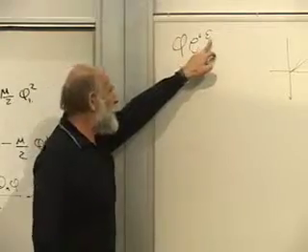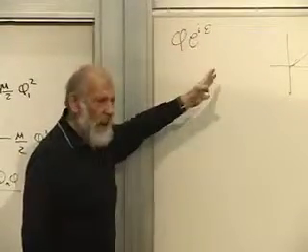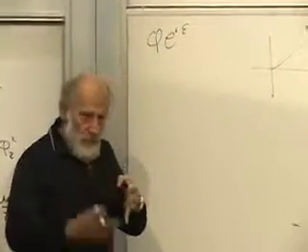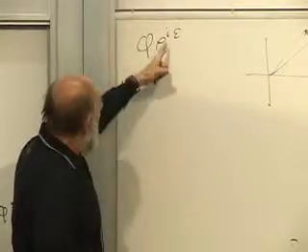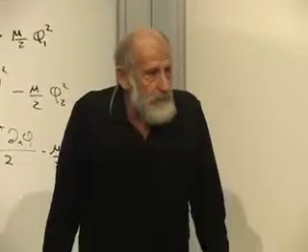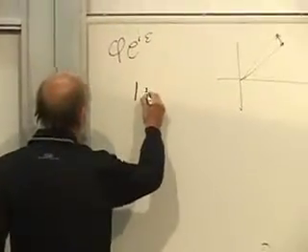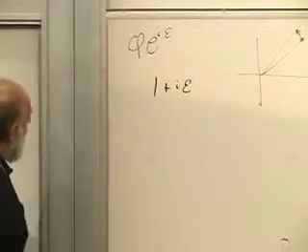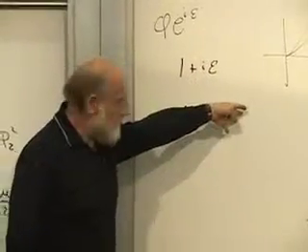Epsilon, I'm imagining for the moment that epsilon is very small. We don't have to, but I want to make contact with the idea of a small transformation involving a small parameter epsilon. If epsilon is small, what is e to the I epsilon? It's 1 plus I epsilon, plus things higher order in epsilon.